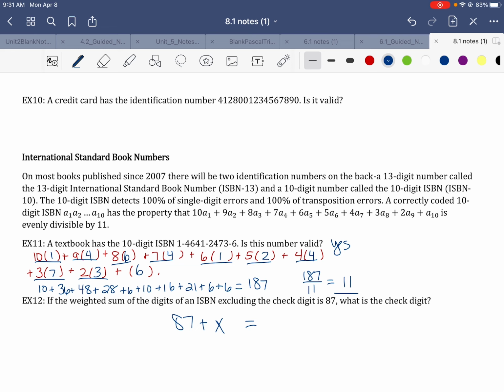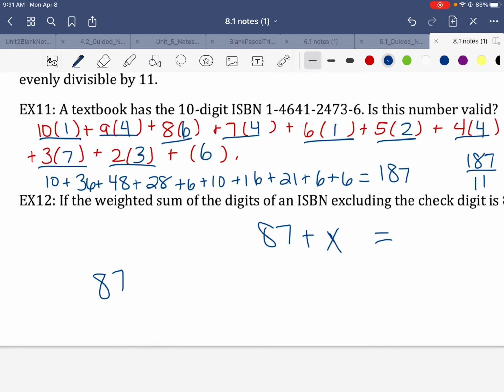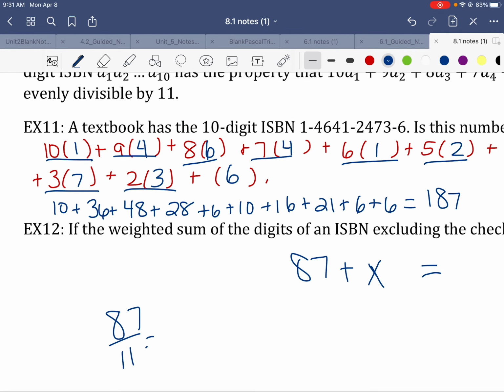The way that I would find my check digit, it is the last number, so I can just put X. I don't have to put 2 times X or 10 times X or anything. So the way to handle this is to take 87 and divide by 11, and I get 7.9.